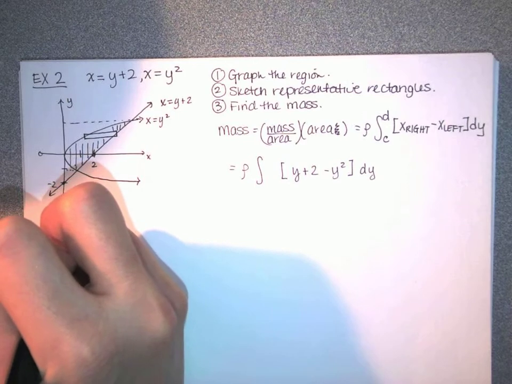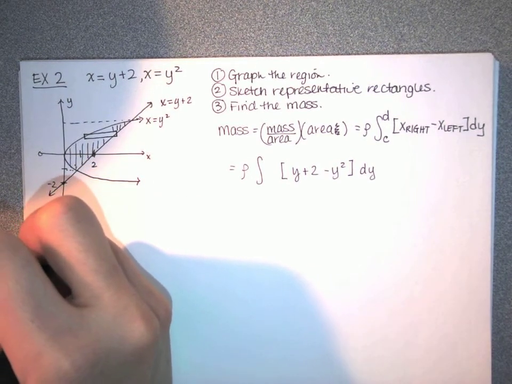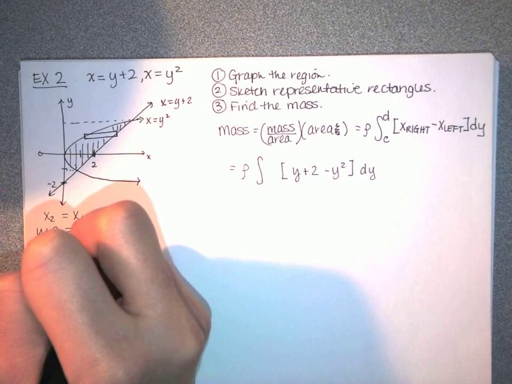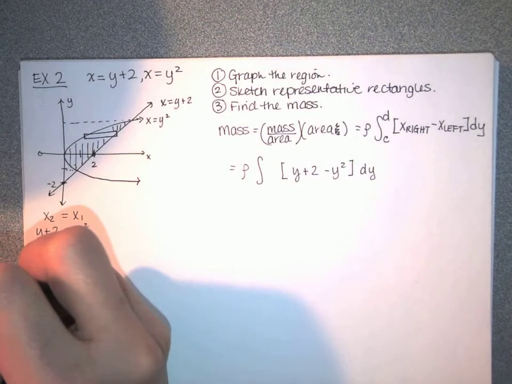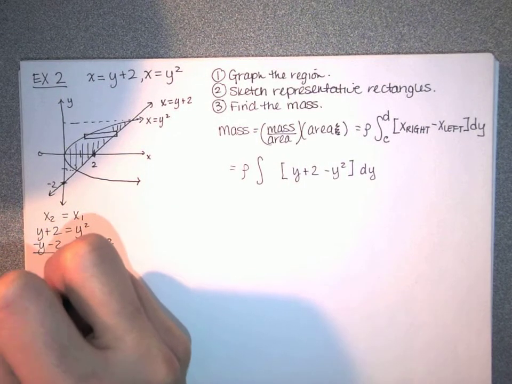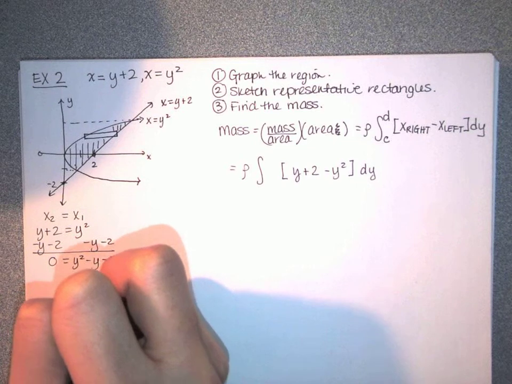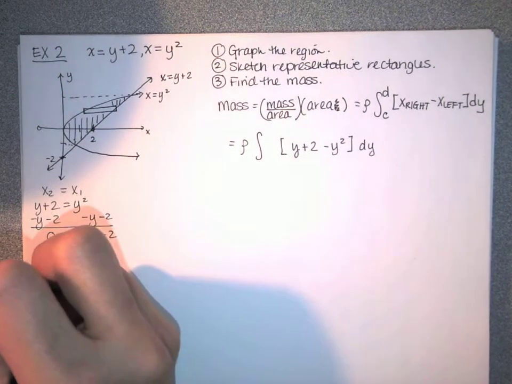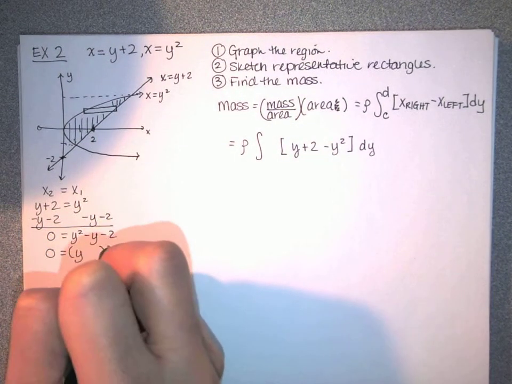So I set x2 equal to x1 and solve for y. So I'm going to subtract y and 2 from both sides. See a nice simple quadratic equation. It's a nice easy one to factor.